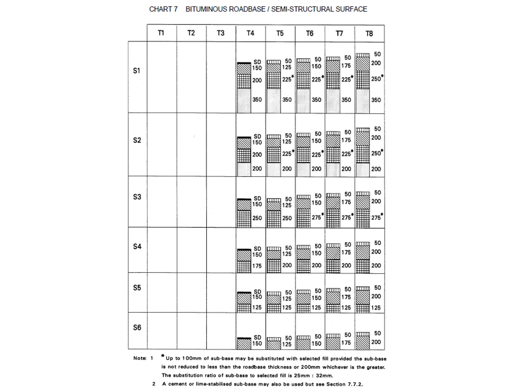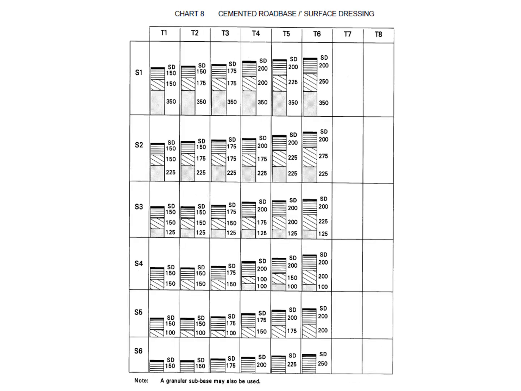I will discuss this fill material in more detail at the end. Well, if you look at the last chart, here you can see the cemented road base and surface dressing. Simply surface dressing is being used. But the methodology is the same: you need the traffic class and the subgrade class, then you can determine the thicknesses of the different layers very easily.